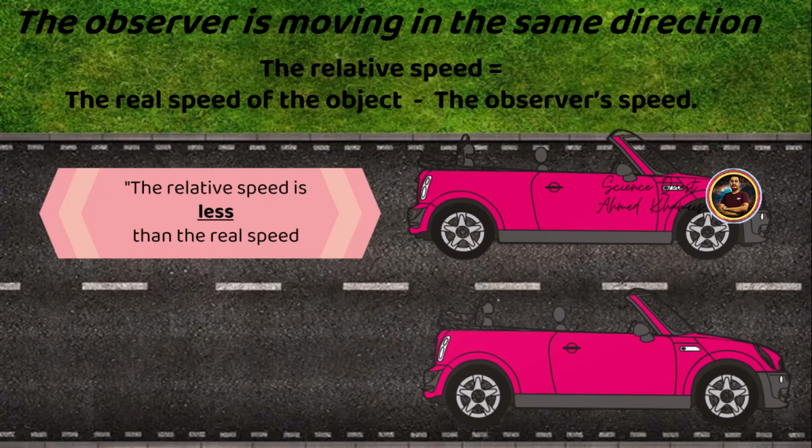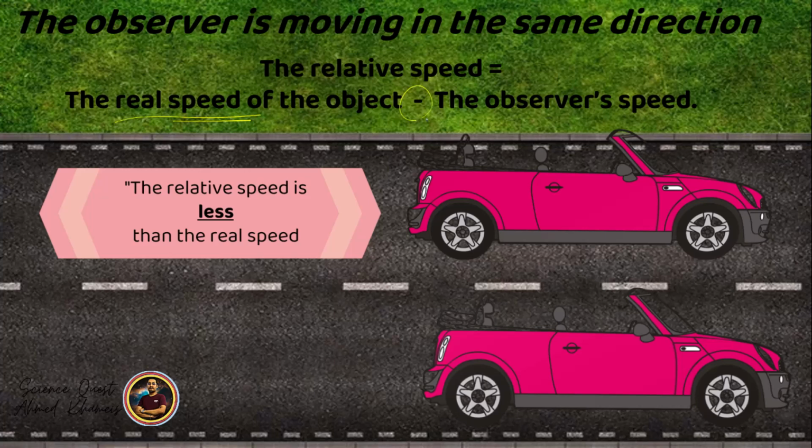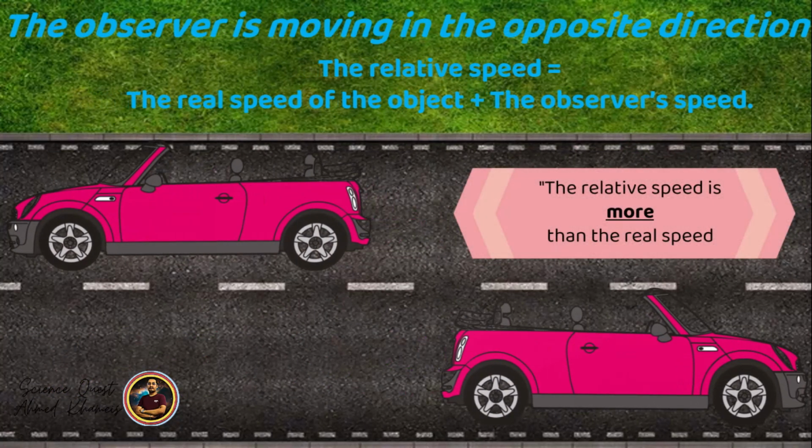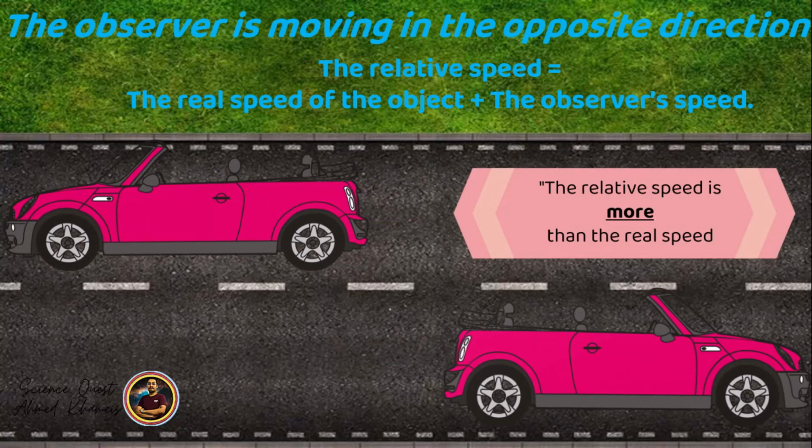If the observer and the car are moving in the same direction, the relative speed will equal the real speed minus the observer's speed, and the relative speed will be less than the real speed. If the observer and the car are moving in different directions, the relative speed will equal the real speed plus the observer's speed, and in this case the relative speed will be more than the real speed.